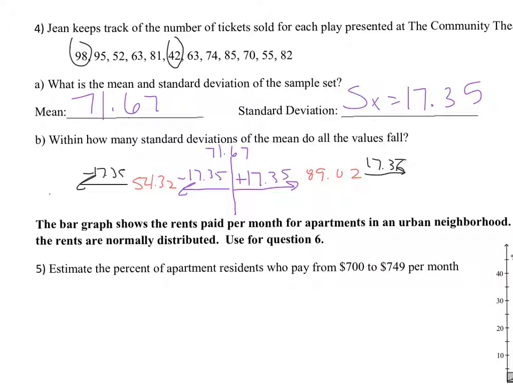My next two numbers would be 36.97, and my next number would be 106.37. So now these two numbers would include my min and my max, because 42 and 98 are in between those two numbers.